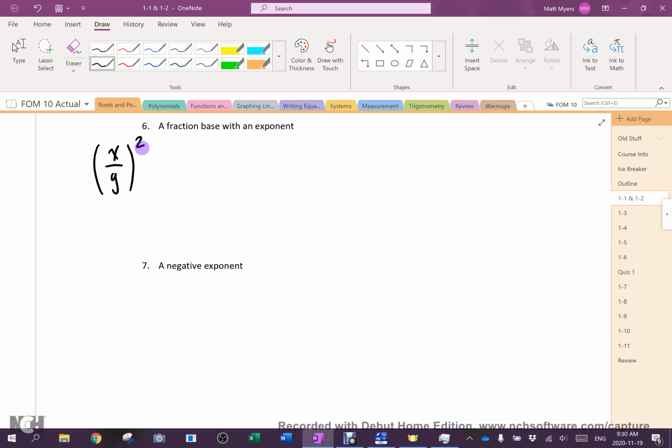And what did we do when we had multiple different bases in there and they were multiplied? We just put the 2 to everything, yes? So what do you think we do here? Right. That would be x over y times x over y, which would be x squared over y squared. The 2 goes everywhere.